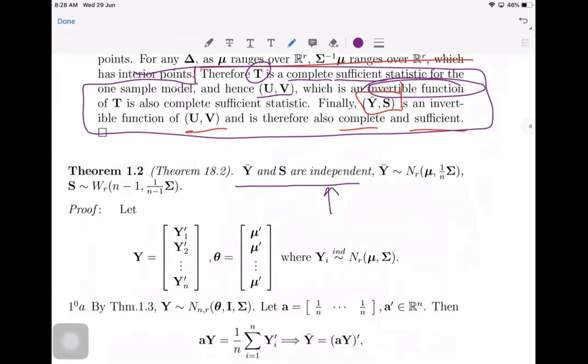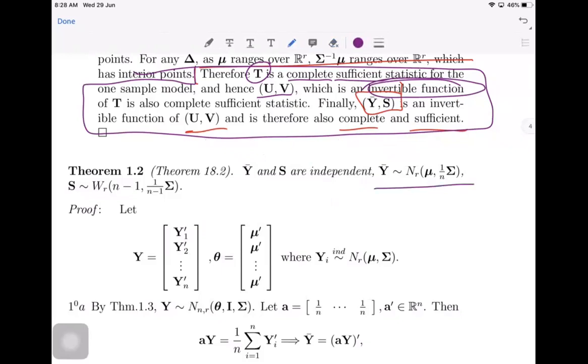To show that they are independent, we will use the one that I've always told you: if you can express your Y bar as AY, and you can express your S as Y'BY, and if you can show that AB is 0, then AY and Y'BY are independent. Okay, so that is how this is proved.